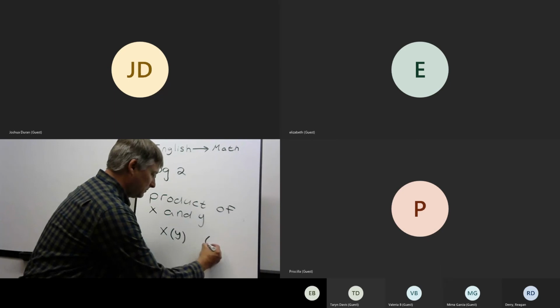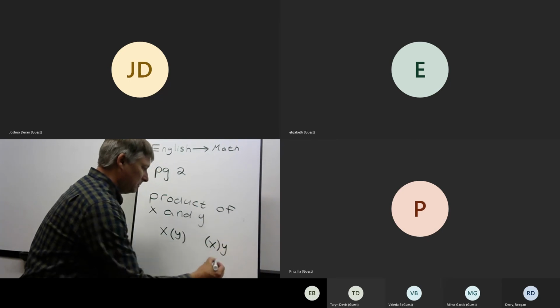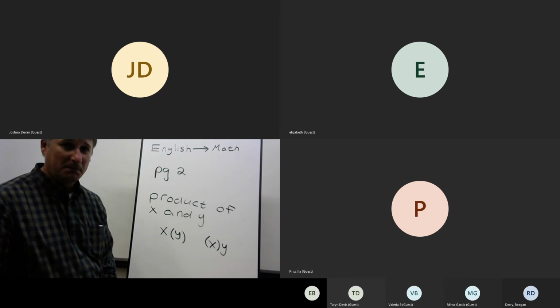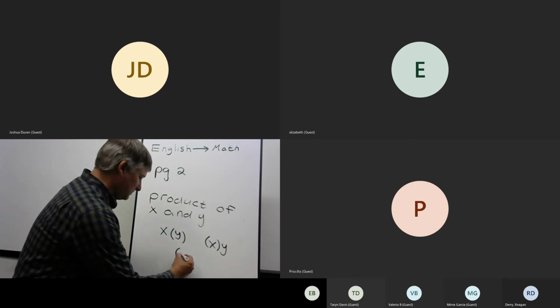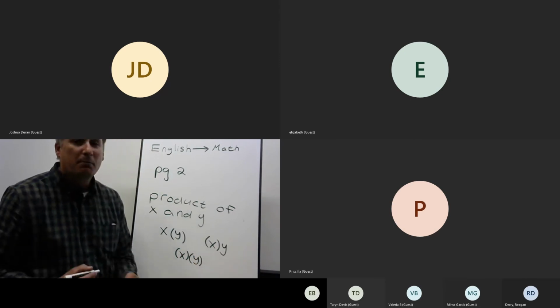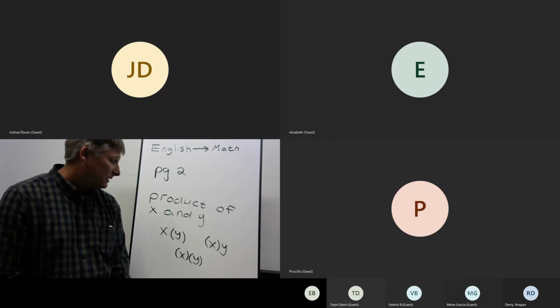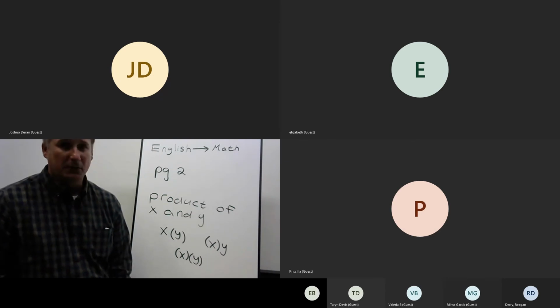Or we can put the x in parentheses. Or we can put them both in parentheses. There are a lot of different ways of expressing multiplication in algebra.